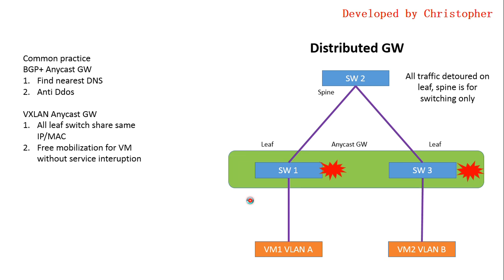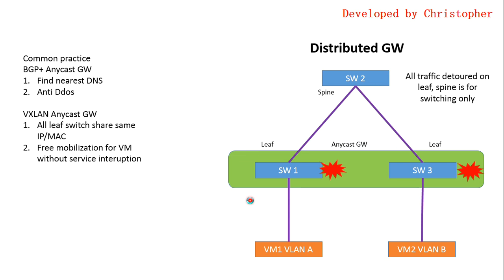If all of the DNS servers in different places share the same IP and MAC address, which is similar to the mechanism of VRRP or something like that, the client sends a request, and one of them replies to that request. The client doesn't know which one. And BGP will help the client find the nearest DNS to do the replying work, which will ensure a better experience of network surfing.